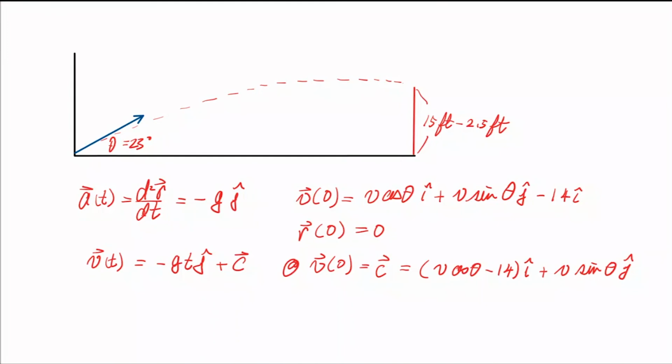Okay, now then we find another antiderivative, so that gives you r vector. Oh, we have to plug it back in.